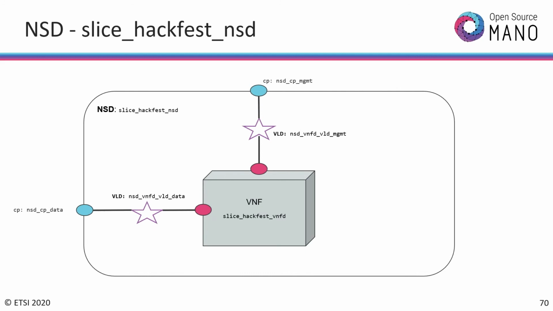So in terms of network service descriptor, this network service descriptor that has 2 connection points is located at the edge, as we saw in the network slice template.